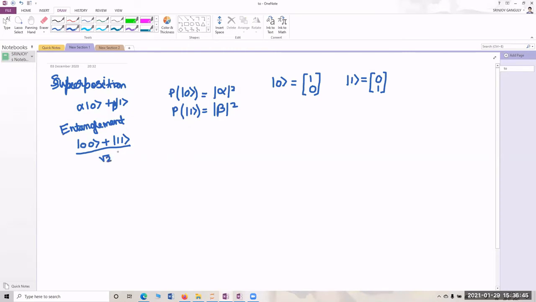So now we will check why I said that this state is entangled. And the way to check is through a mathematical concept known as tensor products. So what we will do, we will compute tensor products.